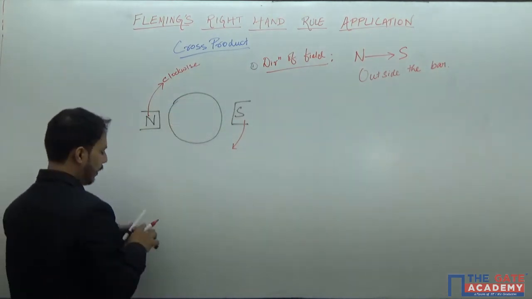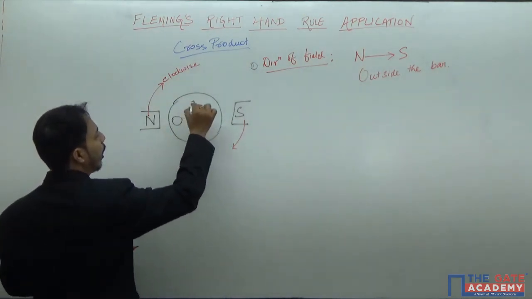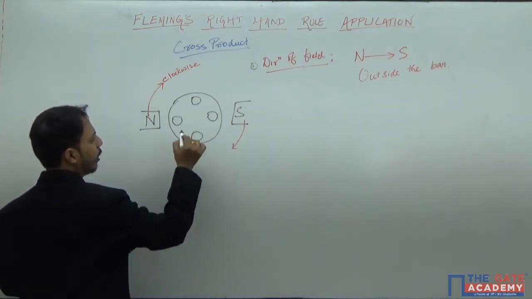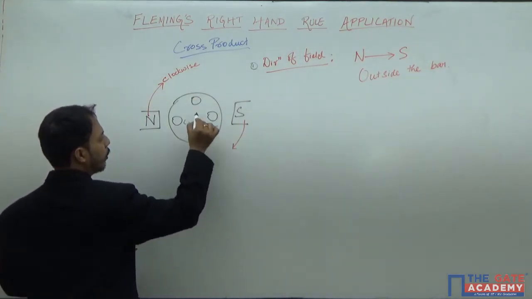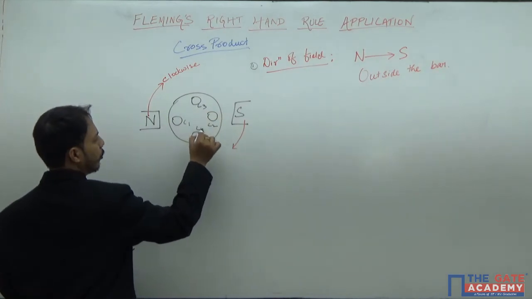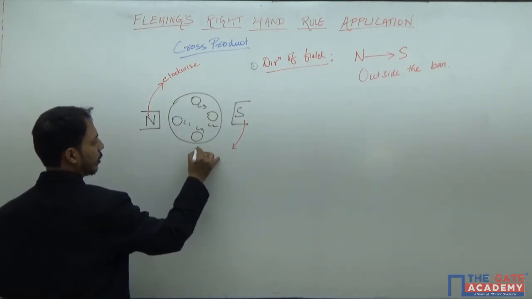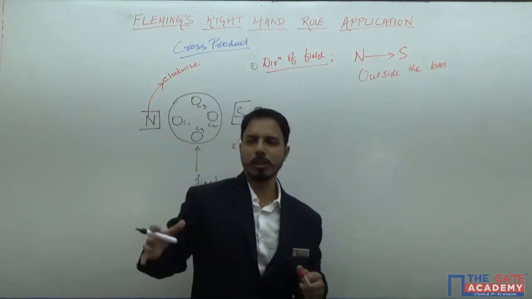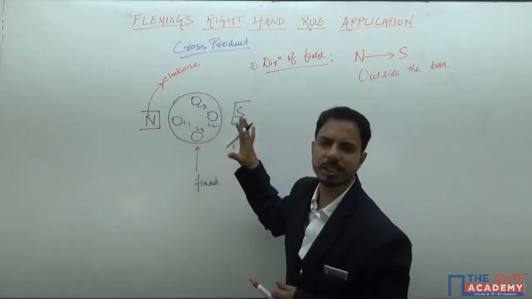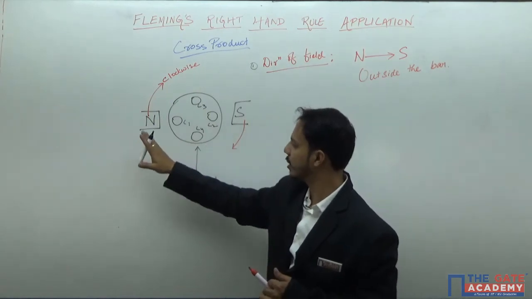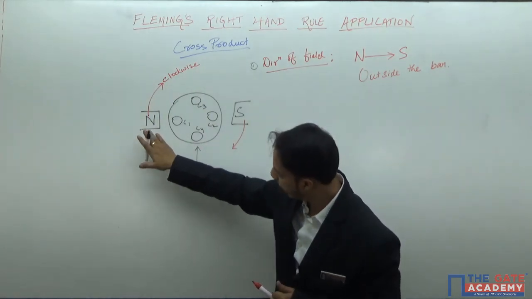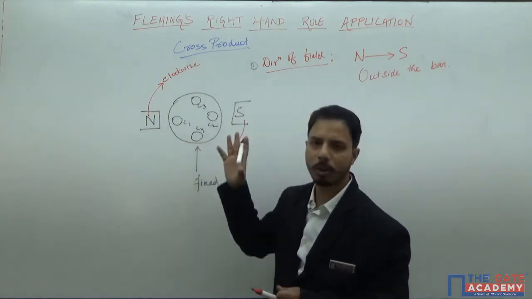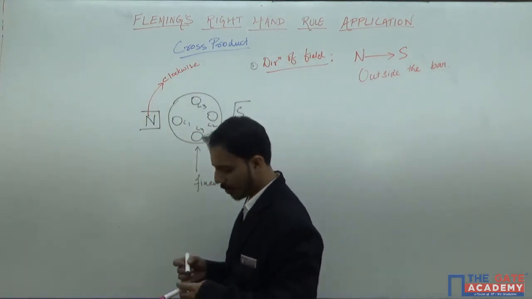And my conductors are static. Okay, again C1, C2, C3, C4. So now this is fixed. Rotor is fixed, let us say. And this North pole and South pole is rotating clockwise. Now what will be the induced EMF here?